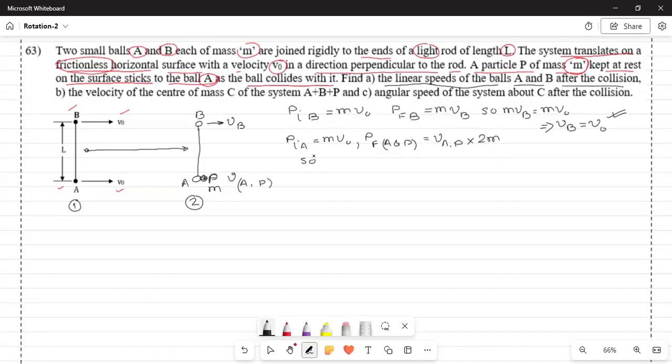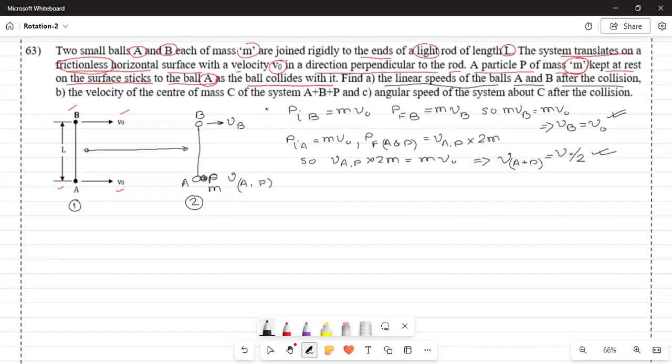So, by conservation of momentum, VAP multiplied by 2m will be equal to m V naught. From here we get VAP is equal to V naught by 2.